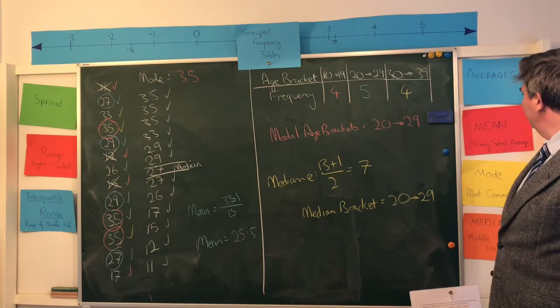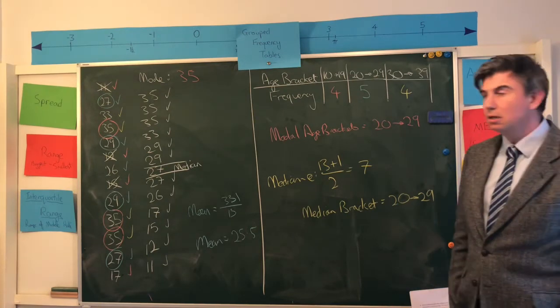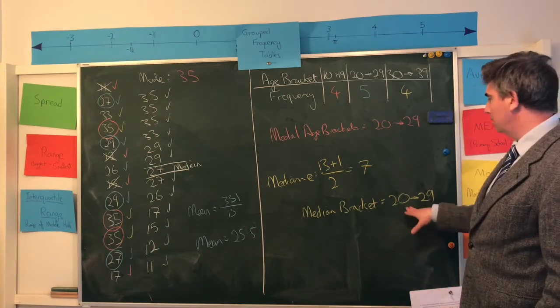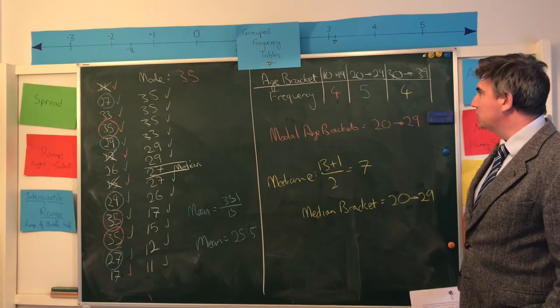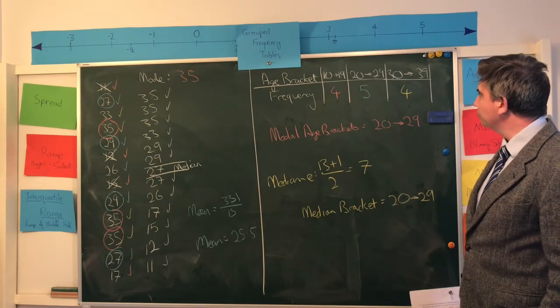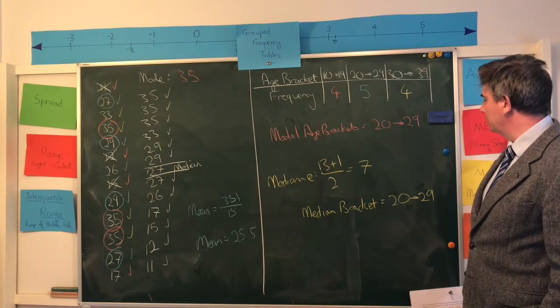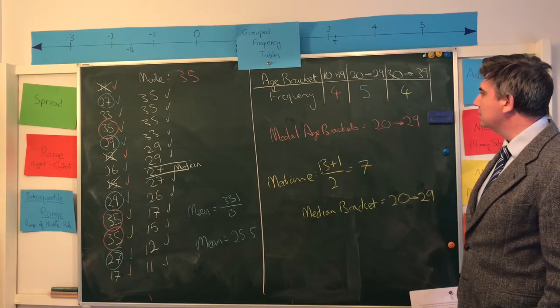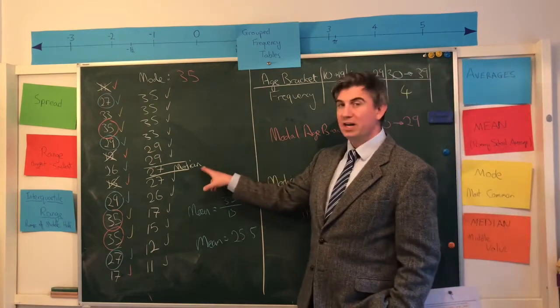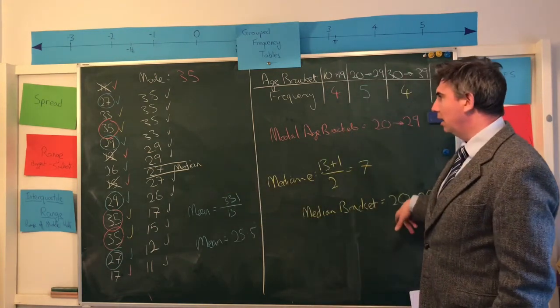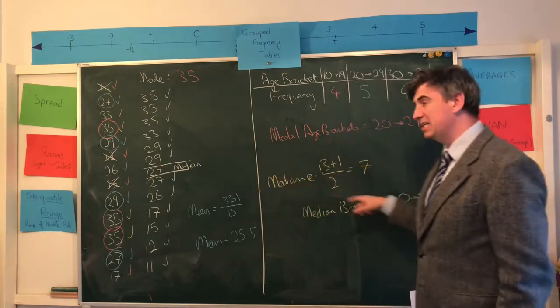And then we need to talk about mean. Median here, I need to talk about that. Median, 20 to 29. That's important because it matches up with the one over here, and we should see agreement between these two.